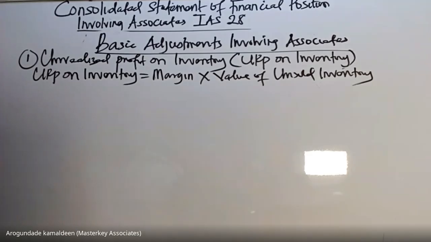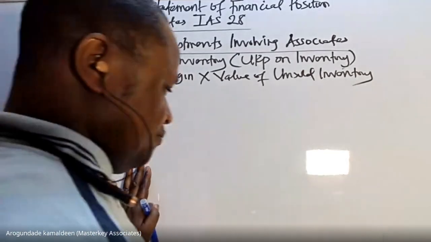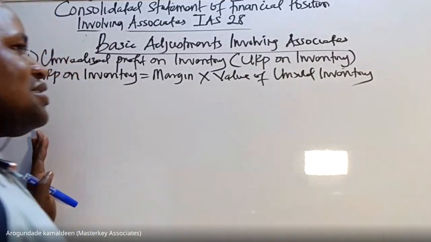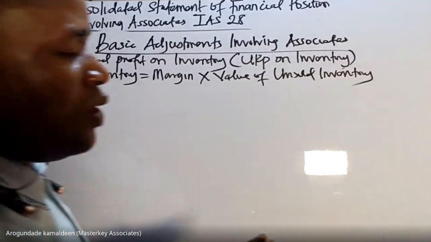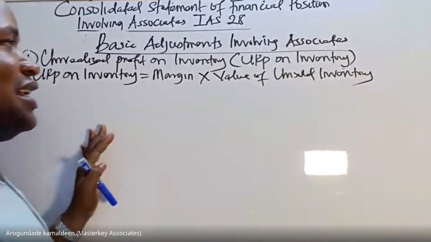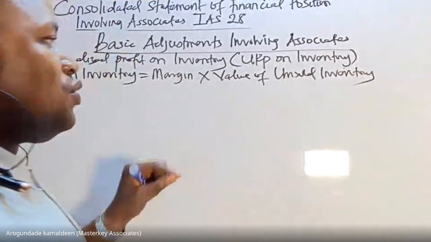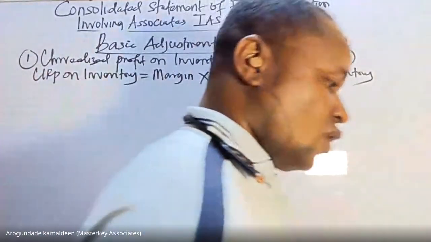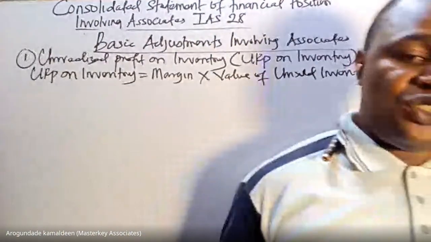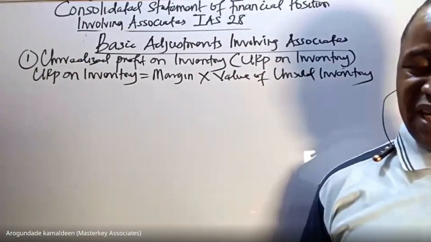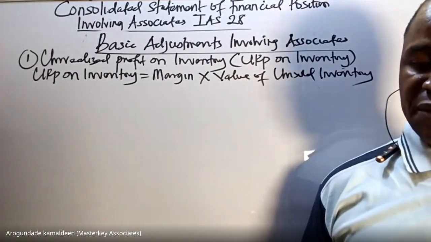Now, in the case of the parent and the associate, when the parent company sells goods to the associate or the associate sells to the parent, and at the end of the year, part of the goods are still in inventory, this will result in us adjusting for the URP on inventory. Is that clear? On inventory.